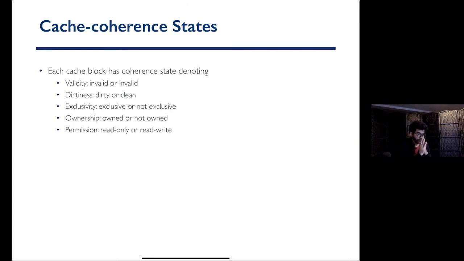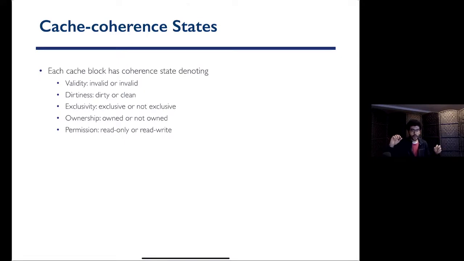So sorry, you first want to talk about the validity of this memory location. So it's either valid or invalid. Note that we're talking about a memory location that is cached in your CPU. So we're now talking about a specific address, but we're looking at it inside the cache for each CPU.